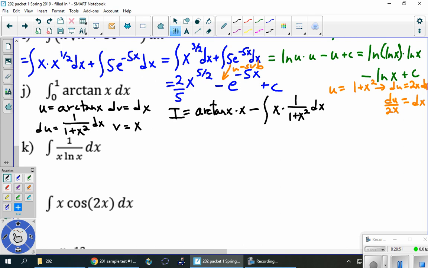So equals arctan x, I'm going to put the other times x in the front, minus integral. Copy the x, copy the 1 over, this is now a u, and then the dx becomes du over 2x. And good things happen with that u substitution because those x's cancel.